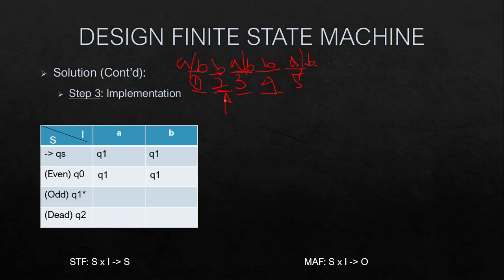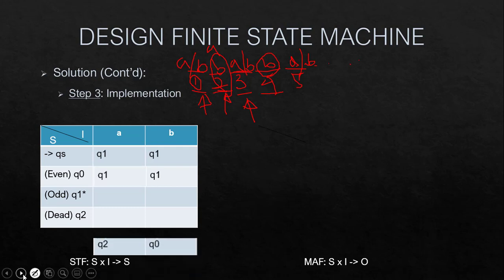Next, when we are in odd position, say either first position or third position, then in such a situation what we have to check is what is appearing in the even position, that is second or fourth position. Now here in case A appears in the even position, we need to send our machine into dead state, or else if B is appearing, it will go to Q0 state.